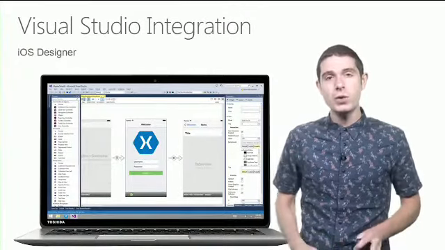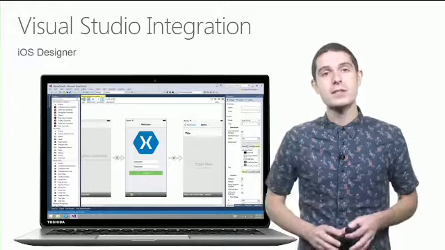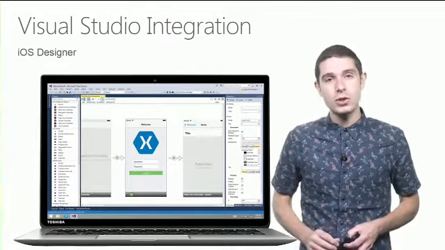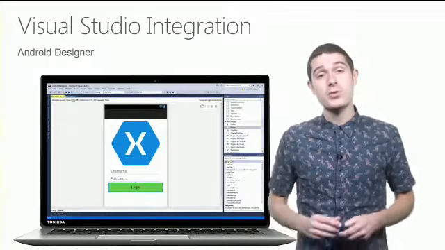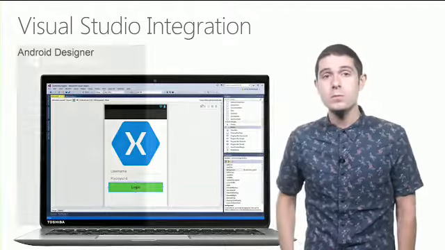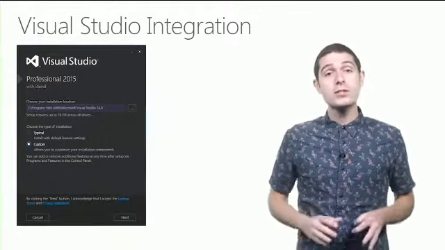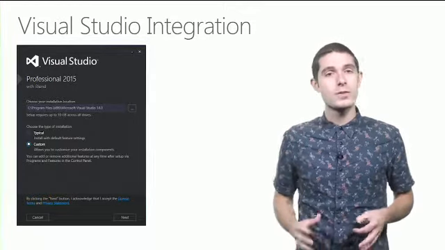Now, we have great tooling inside of Visual Studio to get you up and running with our iOS designer for Visual Studio to craft great iOS user interfaces, and of course, our Android designer built right into Visual Studio 2015. Now, when you install 2015 for the very first time, it's super simple to get started with Xamarin.